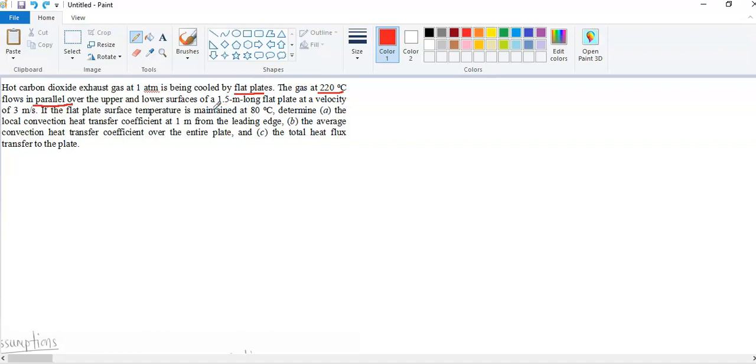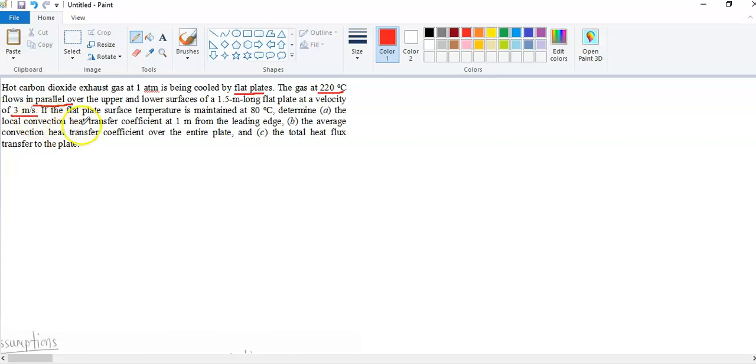So what you have so far: carbon dioxide gas is being cooled by the flat plate. The initial temperature was 220 degrees centigrade, and the gas is flowing parallel over the upper and lower surfaces of the plate, which is 1.5 meter long, and the free stream velocity is 3 meters per second.